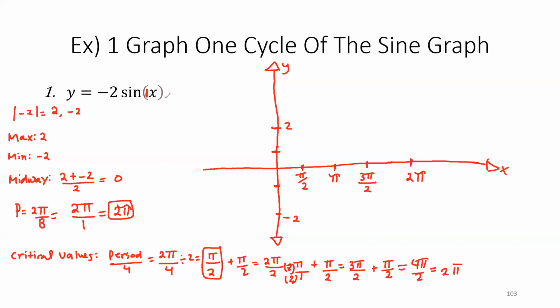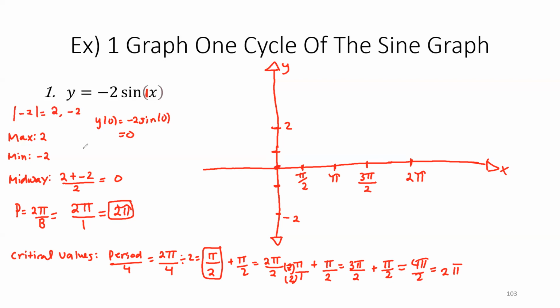So let's start with the x value 0. That's -2 sin of 0, and the sin of 0 is 0. So this would be 0.